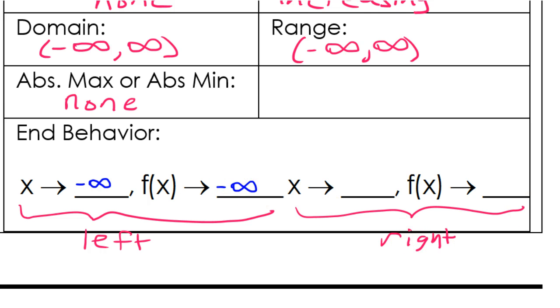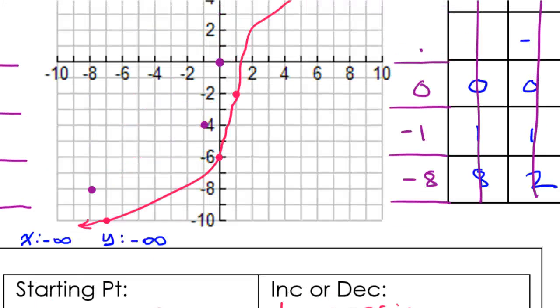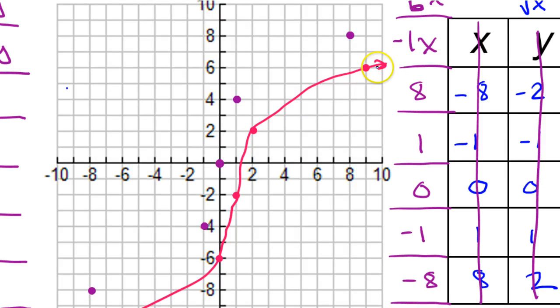Now let's look at the right end of the graph. All right, the right end of the graph is over here. Again, you see this arrow. These are going to be infinities. So let's talk about the x's and the y's. X's go left, right. Is this going to the left or to the right? It's going to the right, so that's positive infinity.